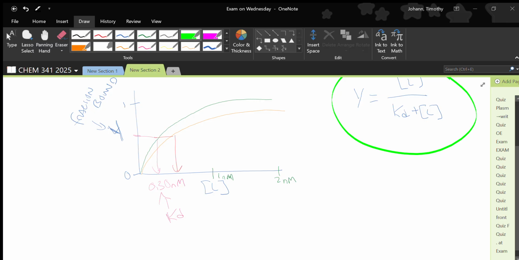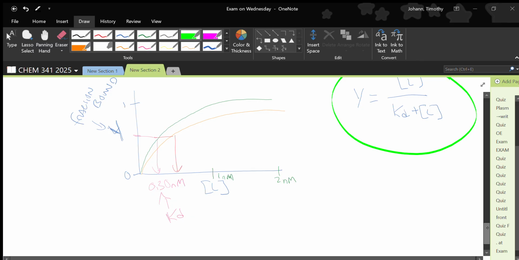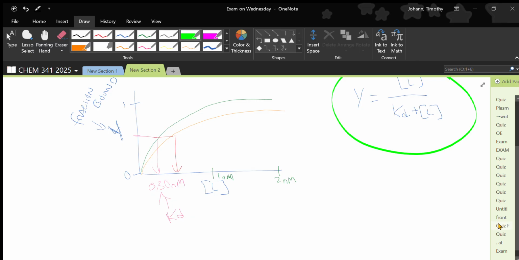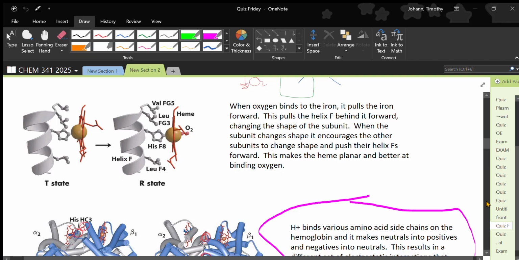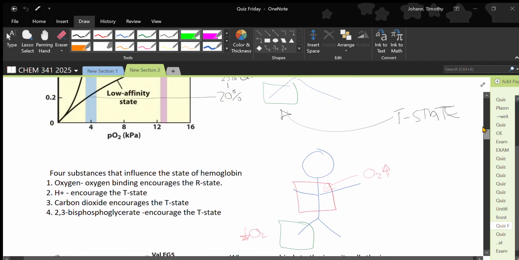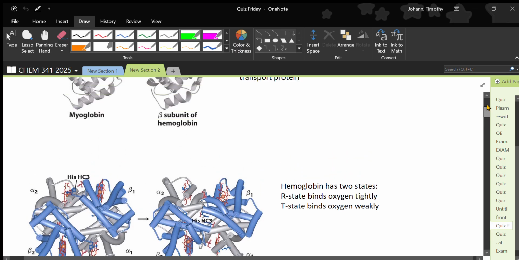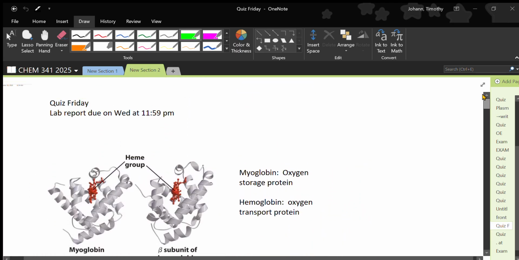Yeah, Nick. The R state and the T state and that sort of thing? Yeah, okay. Let's go ahead and look at that. I'm going to go back over the old notes here, otherwise I'll spend 5 minutes pulling pictures across.